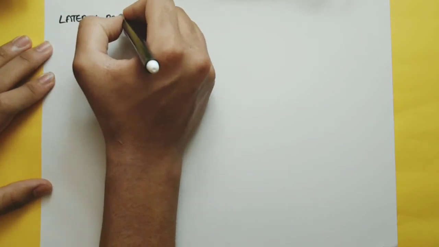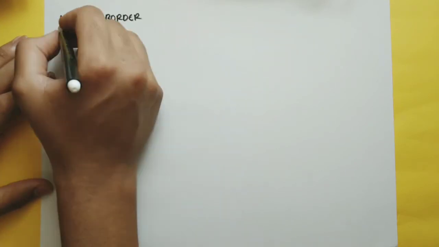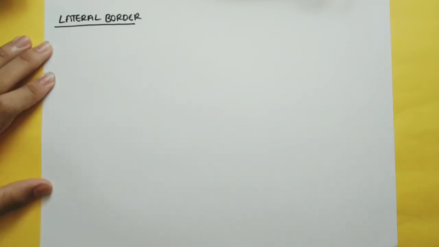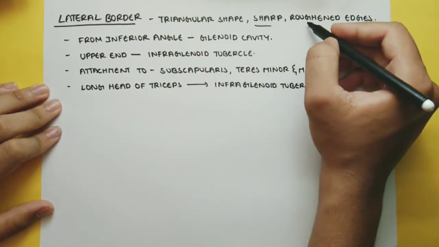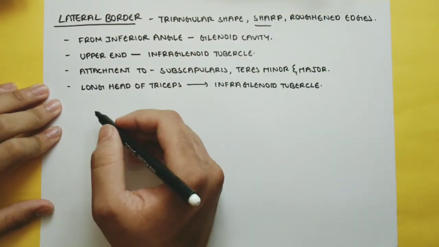Now let's talk about the lateral border. The lateral border is triangular in shape, sharp, and it has roughened edges.